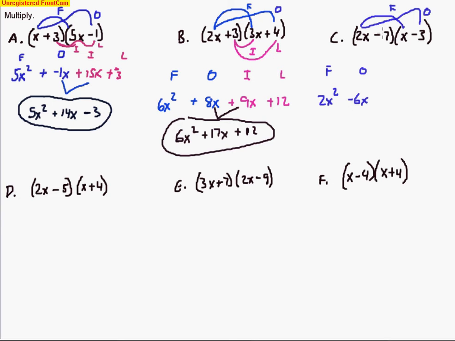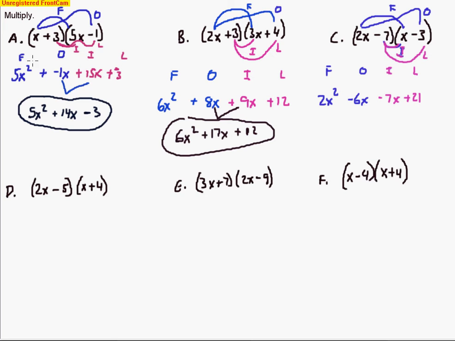So you see that the two binomials have the same sign, so when we multiply, the outer and inner terms are always getting the same sign there. So the inner terms here are going to be a negative 7x. And the last terms, the negative 7 and the negative 3 make a positive 21.